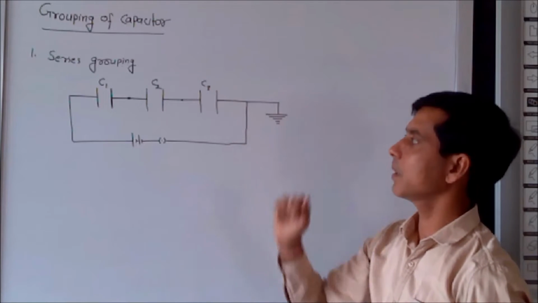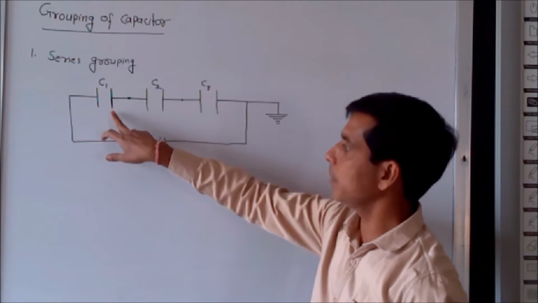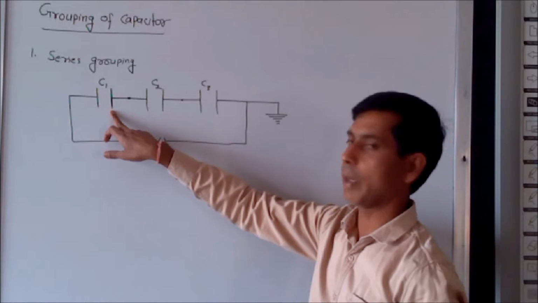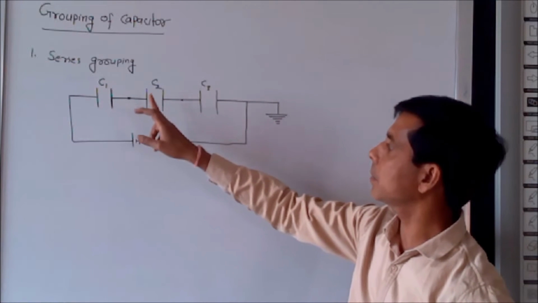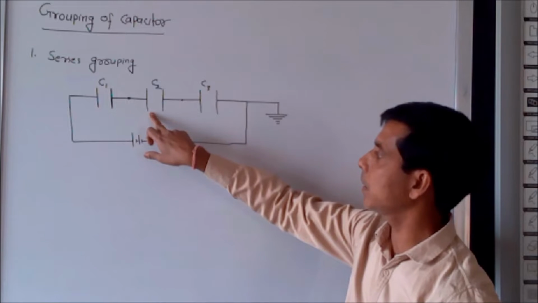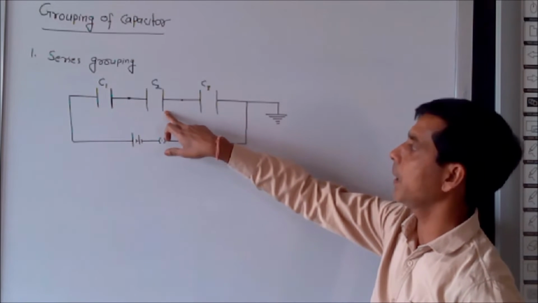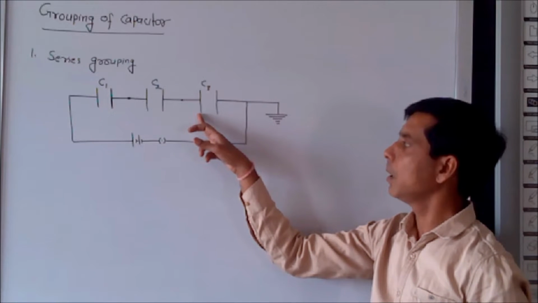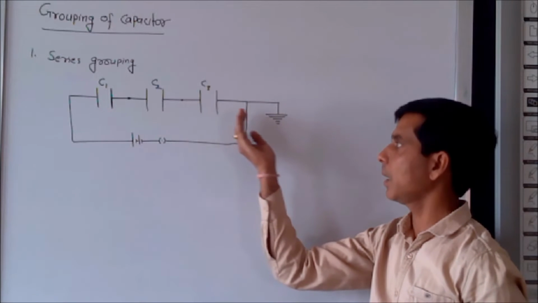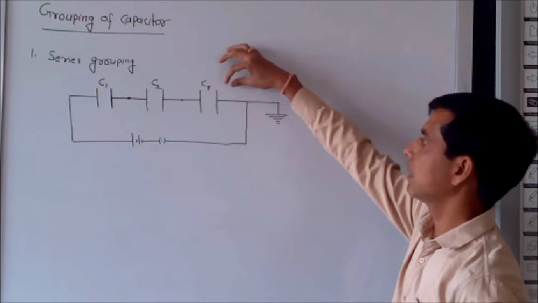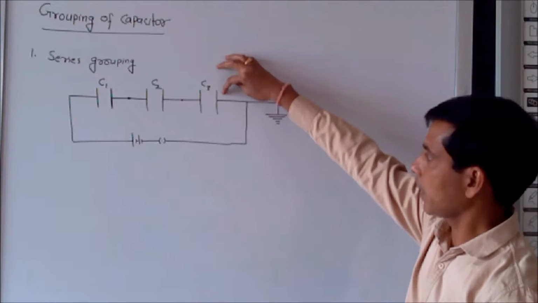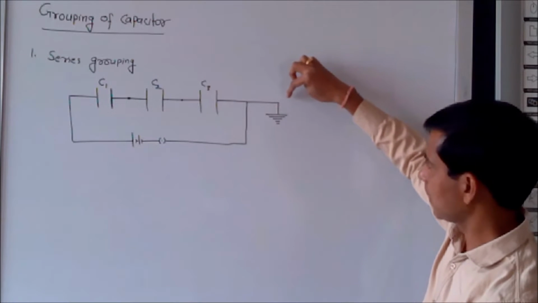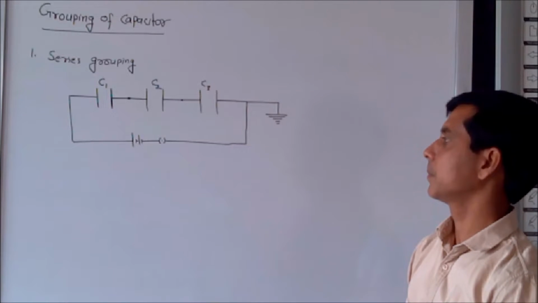The second plate of the first capacitor is connected to the first plate of the second, and the second plate of the second capacitor is connected to the first plate of the third capacitor, and so on. And the second plate of the last capacitor is earthed.